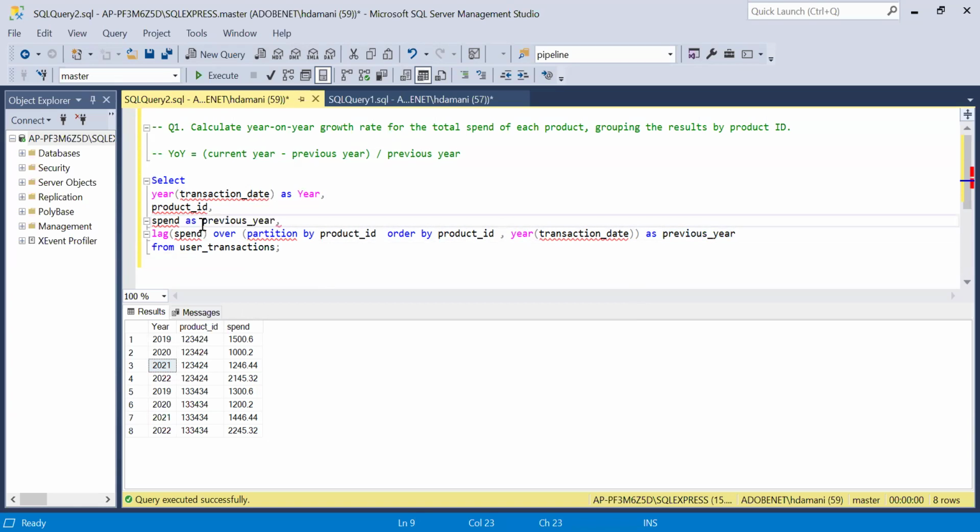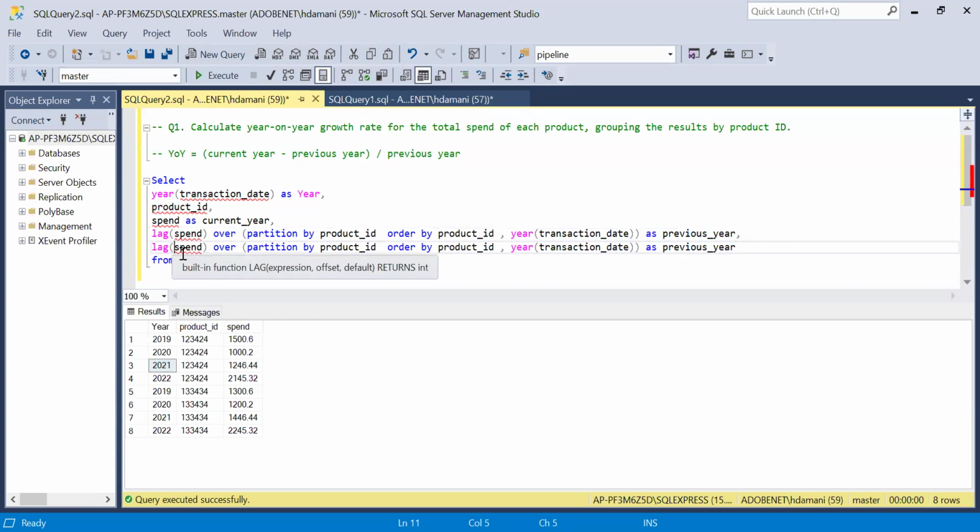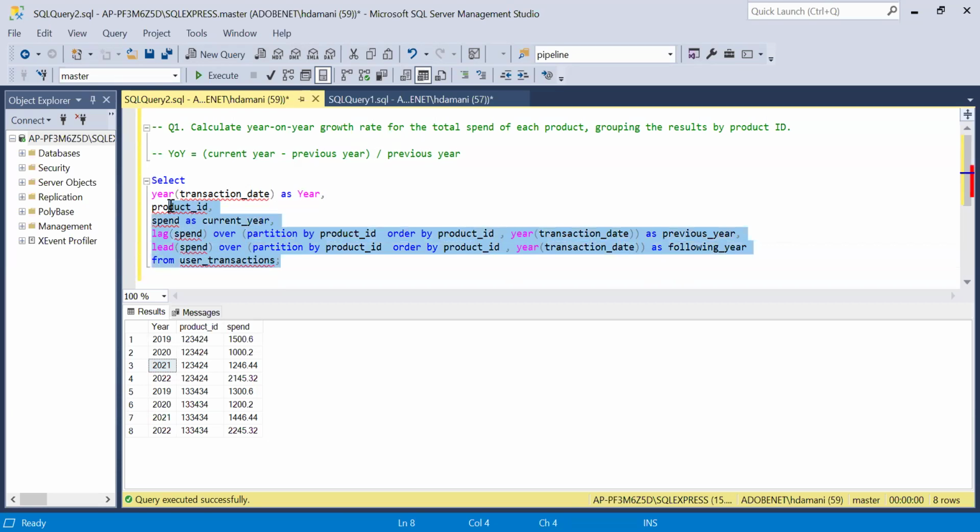Similarly, if I use lead instead of lag, let me give it the alias following year. Now let me quickly run this query and show you how it looks.